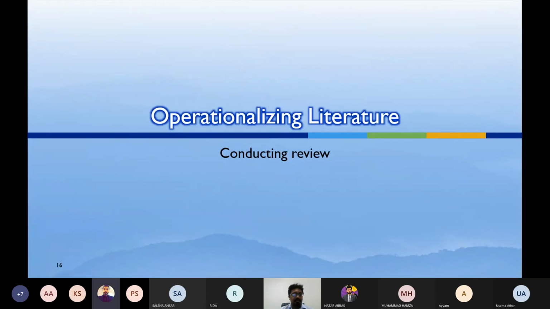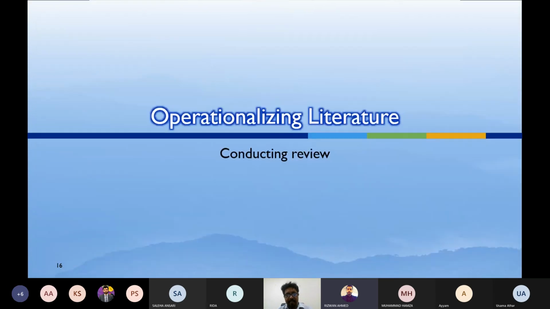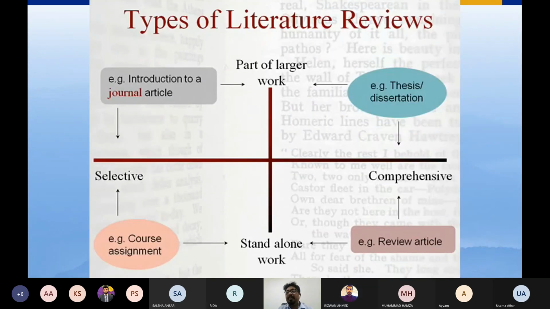Yes, Rizwan. Sir, kindly repeat the last slide. Okay, sure. A literature review, depending upon depth or breadth: how big should my literature review be? In journal articles, you need to be very concise, and in your thesis or dissertation you need to be very comprehensive and explanatory.